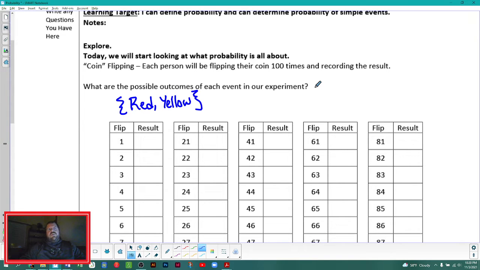A nickel is typically flat enough on its edge that it could land there. It's very unlikely. Same with these. I think I figured out that in class it happened twice out of 30,000 flips. Okay, so that's not very likely. That's a very low probability.